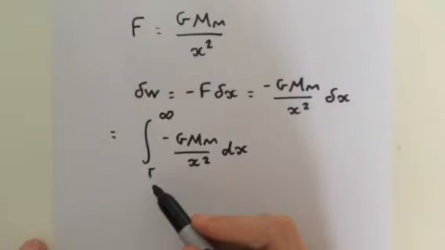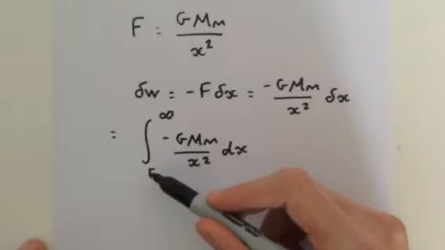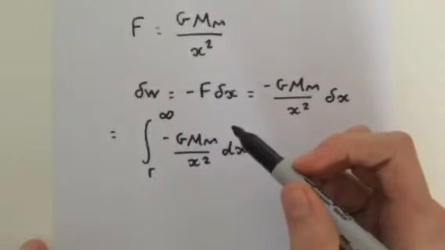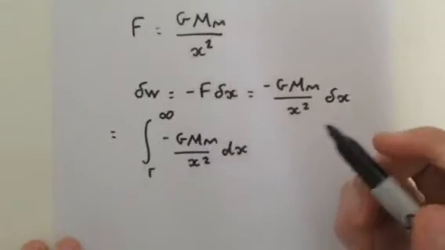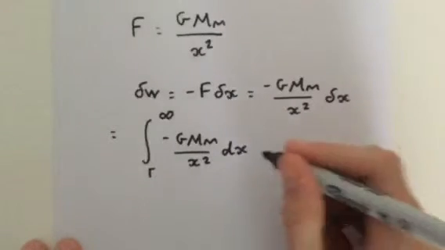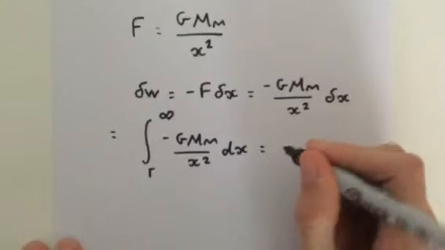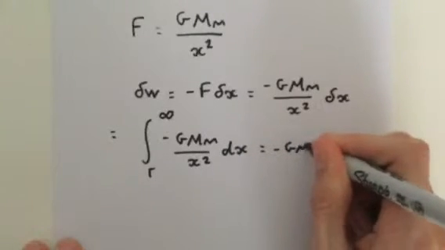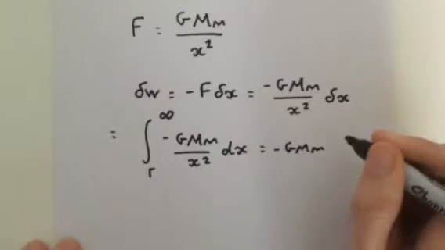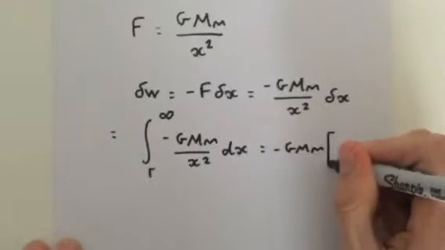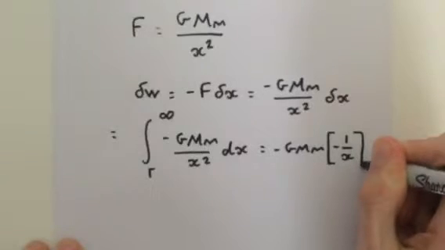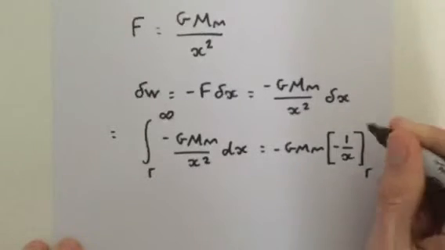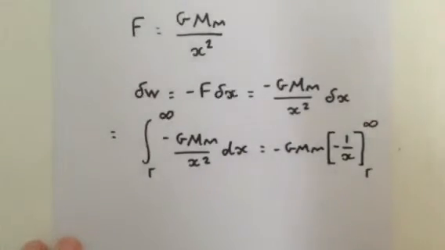We pull out the constant minus GMm, and computing the integral we get minus GMm multiplied by minus 1 over x, evaluated from r to infinity.